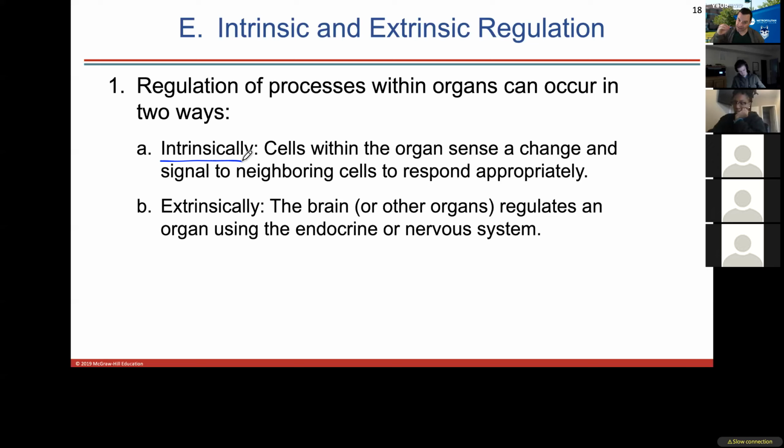We'll see this with the kidneys. We'll see this with the immune system. When a virus invades a cell, which is fascinating, that cell's like, oh crap, I'm being invaded.